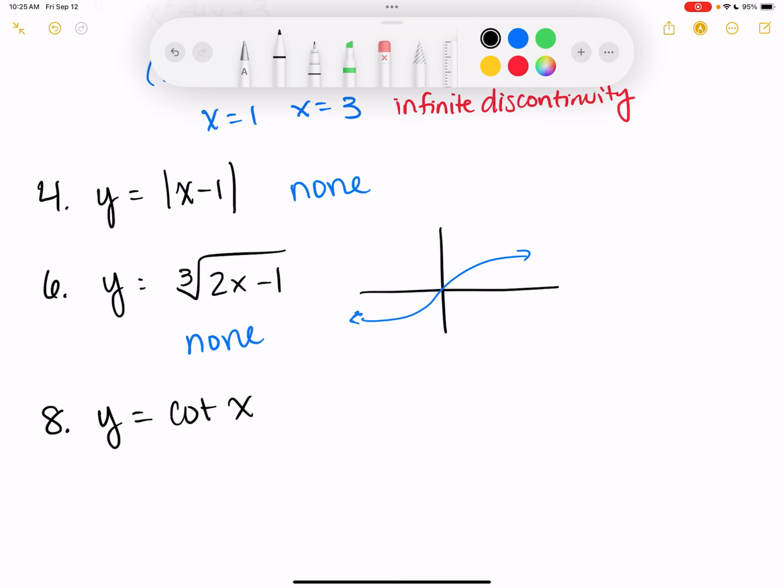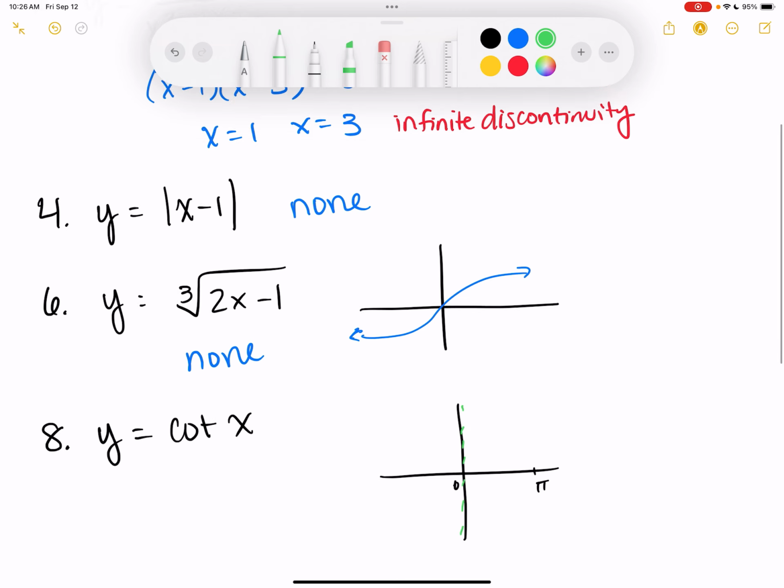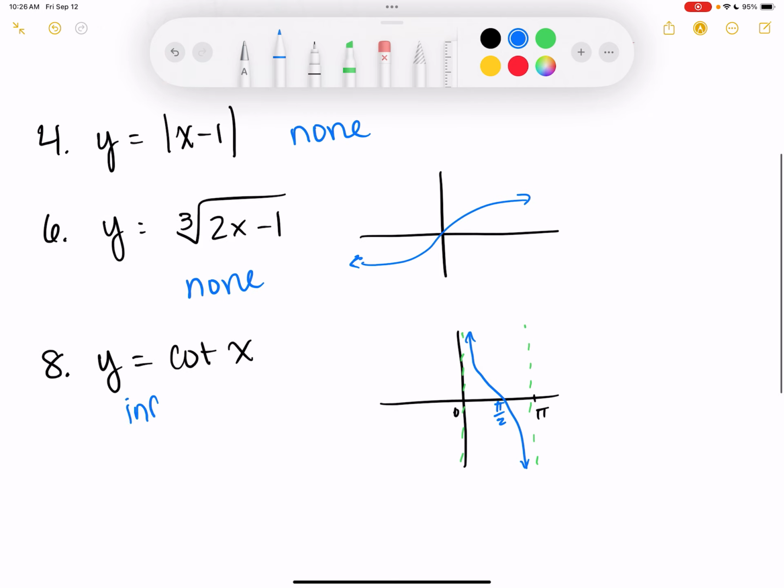Just for a little refresher, cotangent from 0 to pi would have asymptotes at 0 and pi, and the graph would be coming down through pi over 2. This one obviously has discontinuities. They're infinite discontinuities, because it hits the asymptote and doesn't cross it, it just keeps going in that direction.